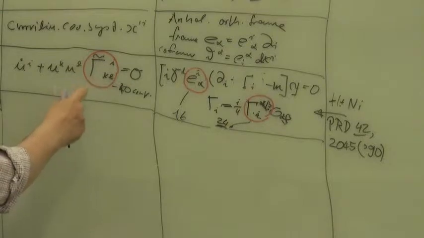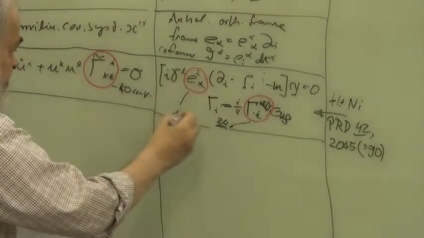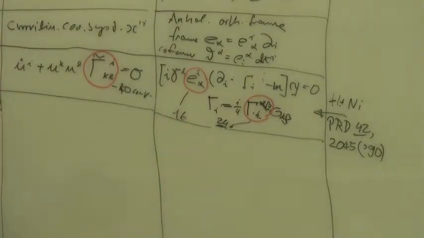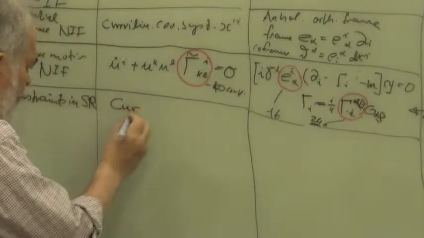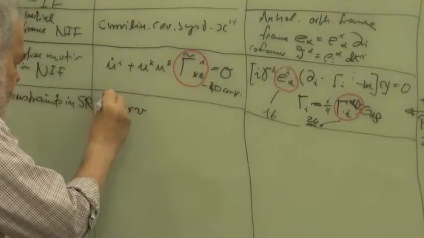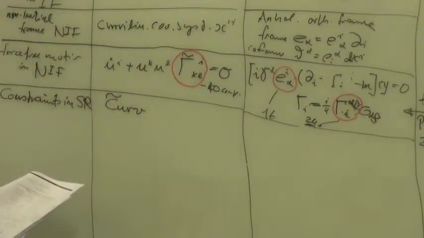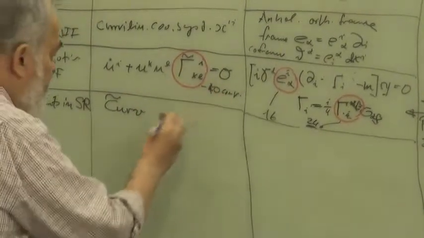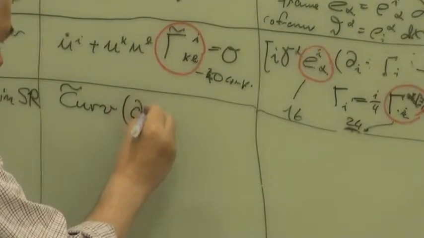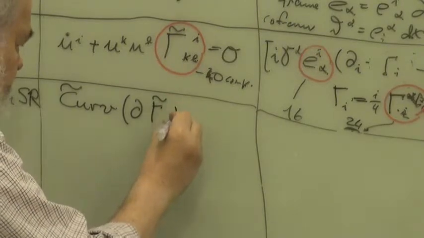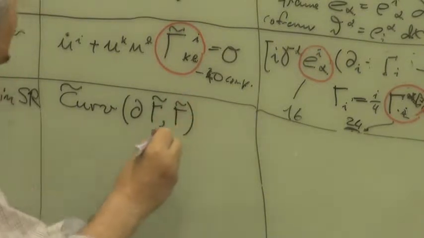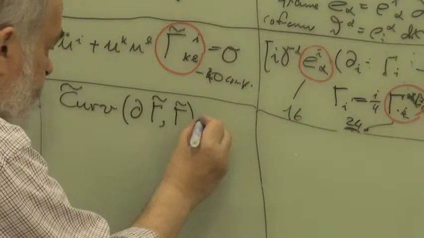Well, I mean, so the new objects which occur are these with 40 and these 16 plus 24. But we have constraints, namely that the Riemannian curvature tensor, depending on the partial derivative of this Christoffel and the Christoffel itself, has to be 0.